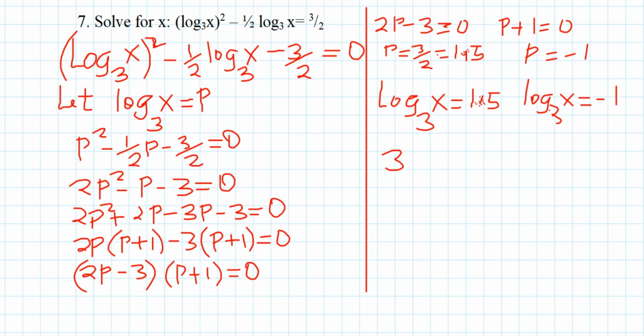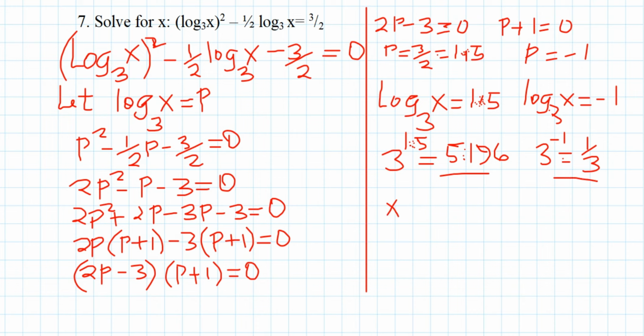So this means that when we change from logarithmic form to index form, we are going to have 3 raised to power 1.5, which is equivalent to 5.196 to 4 significant figures, or otherwise it would have been 3 root 3. And when we have the log to base 3 of x being equal to negative 1, this is equivalent to having 3 raised to power negative 1, which is the same as 1 all over 3 to power 1.